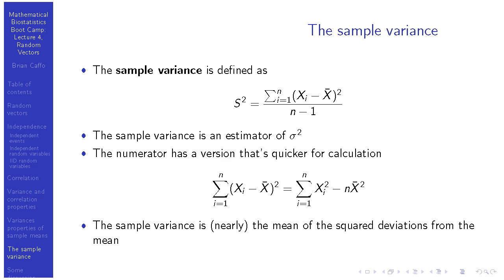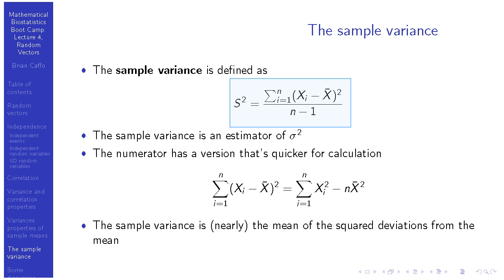So since we've talked about the sample variance a lot, why don't we actually define it? The sample variance is that entity that we use data to estimate the population variance. Recall the population variance was the expected value, or the average, of the squared deviation of a random variable around its population mean. So what is the sample variance? Well, it's the average squared deviation of the sample values around the sample mean.